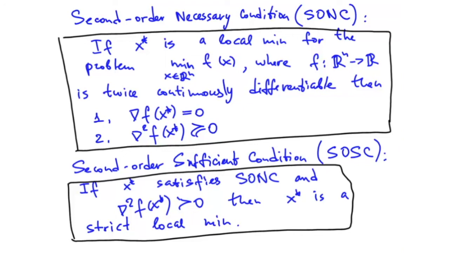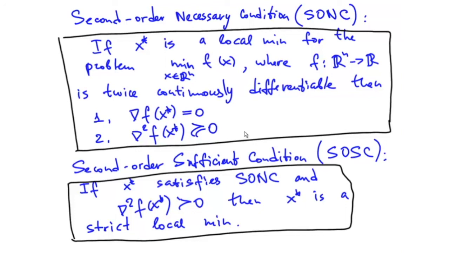In higher dimensional cases, we look at the second order necessary and sufficient conditions. So after we find the point x star where the gradient is equal to 0, we look at whether the Hessian of f at x star is positive semi-definite. If it is not, then the point is not a candidate for a local minimizer anymore, and we reject it.